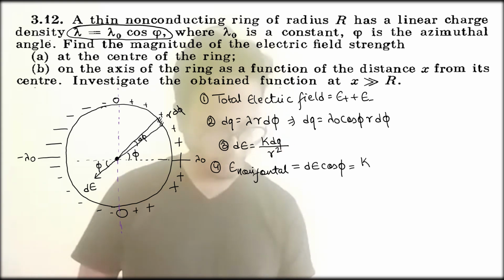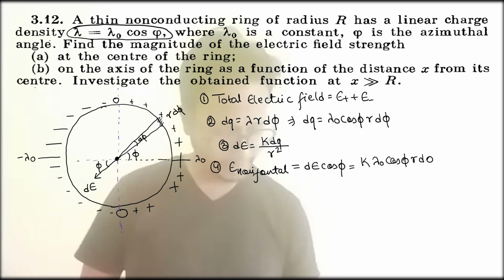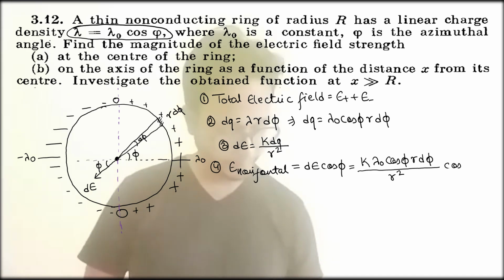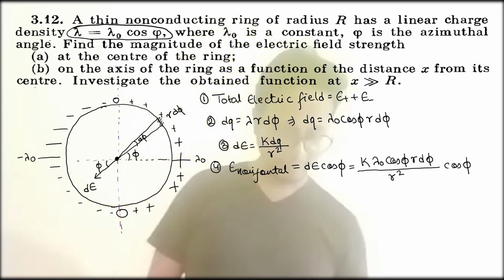K, what is the value of dq? The value of dq is nothing but lambda naught cos phi r d phi, divided by r square, into cos phi. Okay, so let's simplify this one.